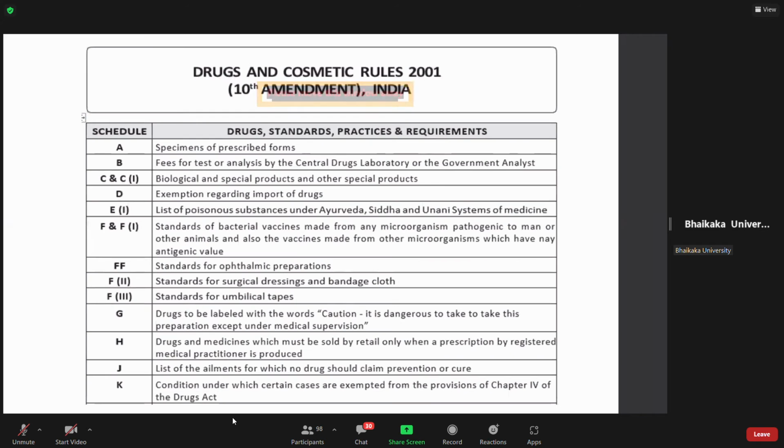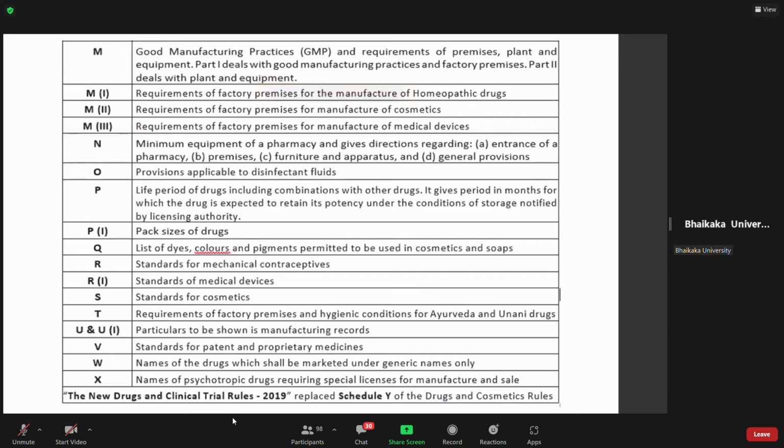Previously, the Schedule Y was there, but in 2019 the Schedule Y is replaced by the New Drugs and Clinical Trial Rules 2019. This Schedule Y was related to the conduct of the clinical trials, but now it is totally replaced by another authority, the New Drugs and Clinical Trial Rules 2019, that you have to remember.